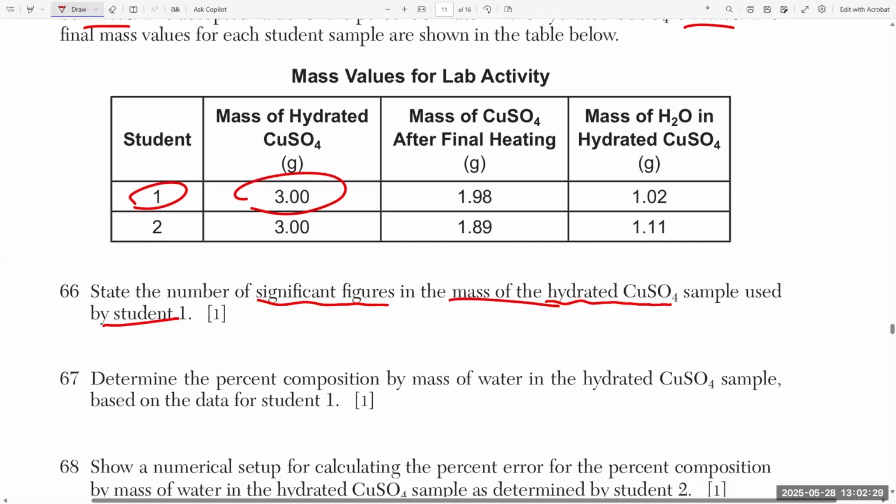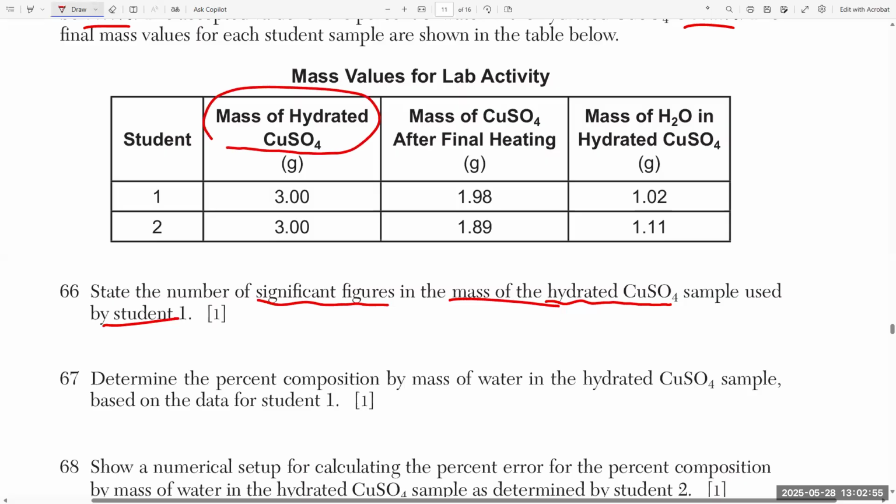Determine the percent composition by mass of water in the hydrated sample based on student 1. So we're only looking at student 1 right now, right? So let me erase this and let's take a look. We're looking at mass of water in the hydrated copper 2 sulfate. So if you think about that, then what do we need to do? Well, we have this.